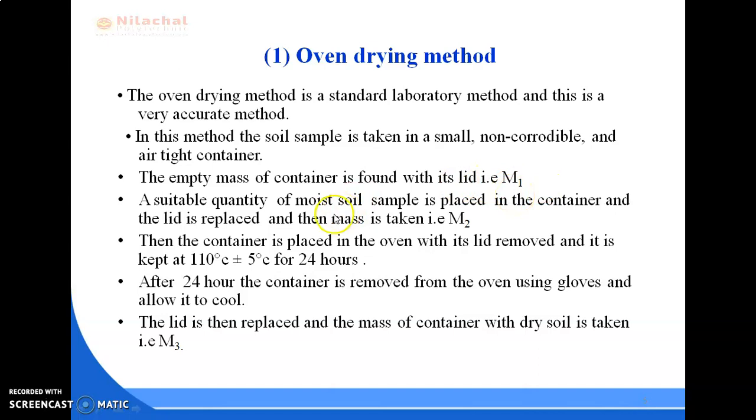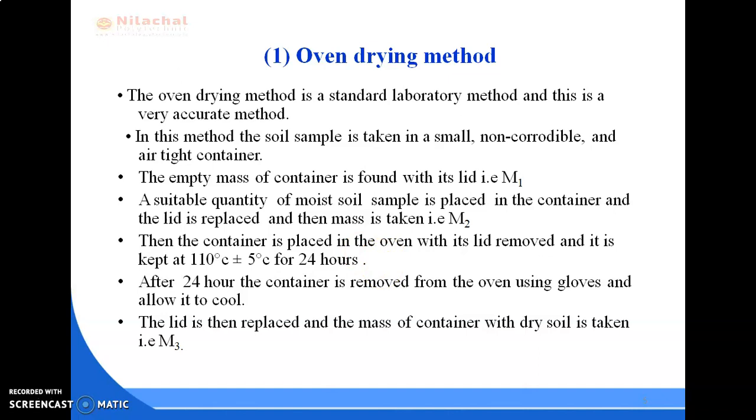A suitable quantity of moist soil sample is placed in the container and the lid is replaced, and then again we take its mass and note down this mass, that is M2. Then the container is placed in the oven with its lid removed and kept at 110 degrees centigrade plus minus 5 degrees centigrade for 24 hours.